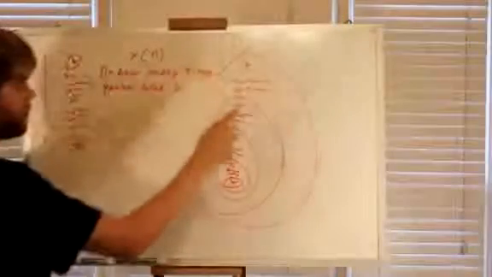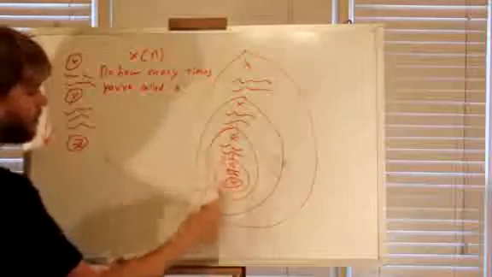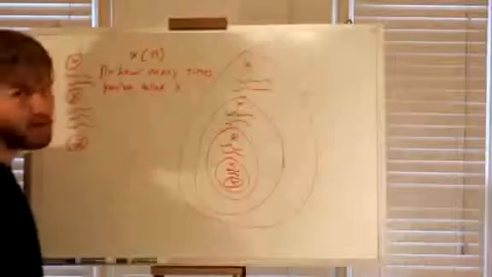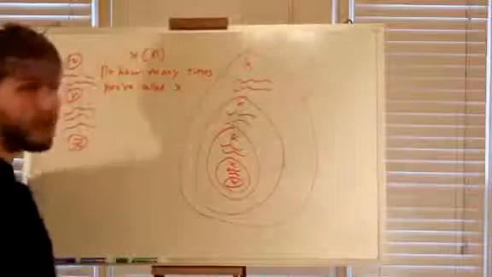So here will be 0, then 1, 2, 3, 4. So we can make 4 the maximum for it.